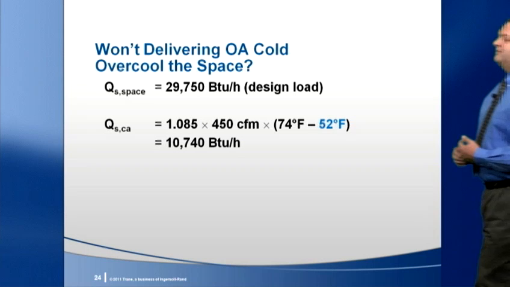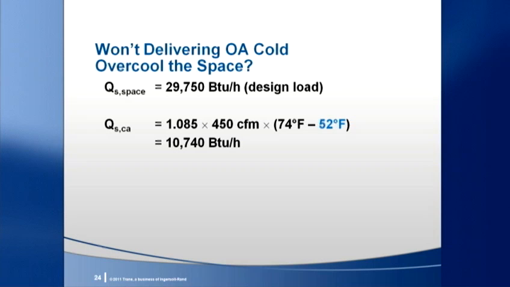Looking at our same example classroom, the design space sensible cooling load is just under 30,000 BTUs per hour. The 450 CFM of outdoor air, when delivered cold at 52 degrees, provides 10,740 BTUs per hour of sensible cooling to the space. This is 36% of the total design load.